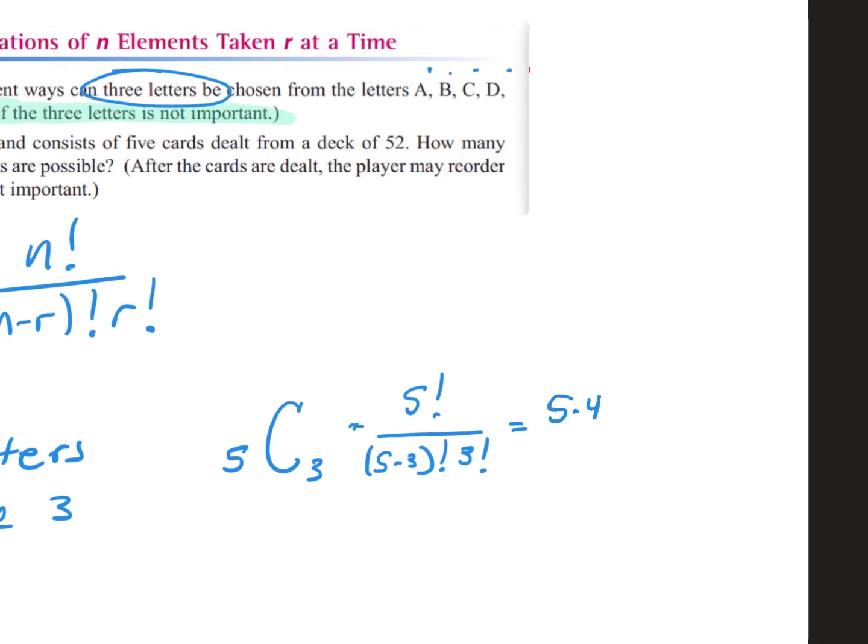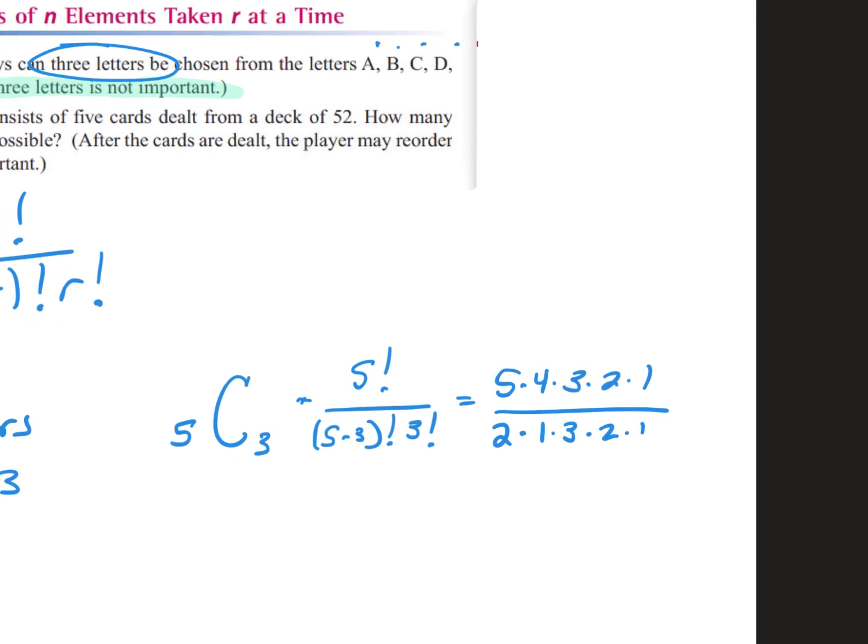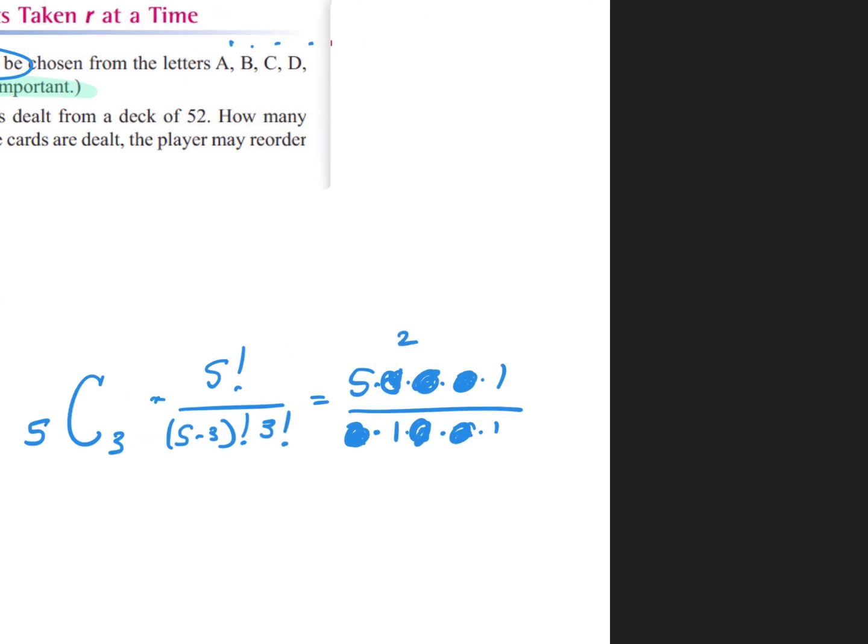So 5 times 4 times 3 times 2 times 1 over, what's 5 minus 3? 2. So 2 factorial, 2 times 1 times 3 factorial, 3 times 2 times 1. Okay, so 2 cancels with 2, 3 with 3. What else? You can simplify 4 and 2. You can simplify here, yep. So how many different ways?